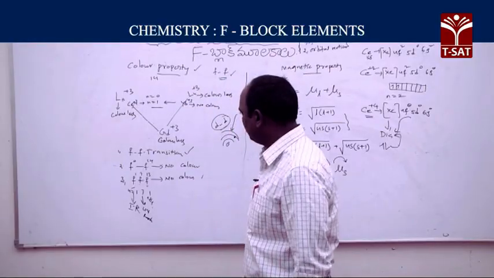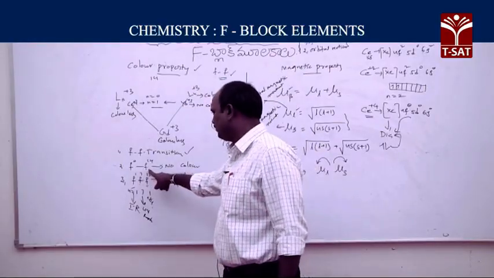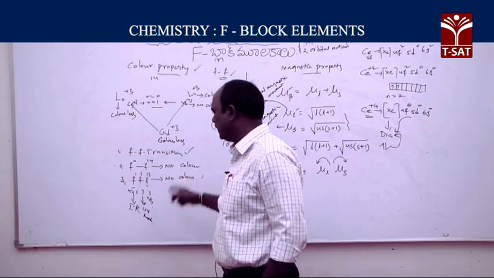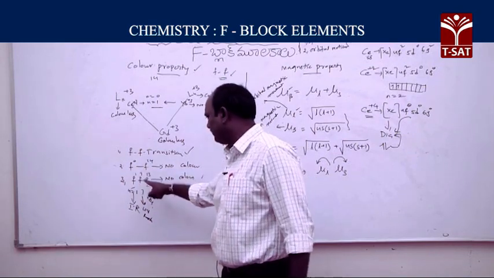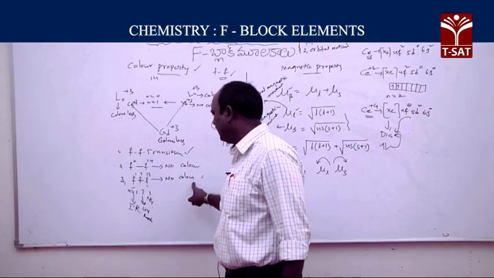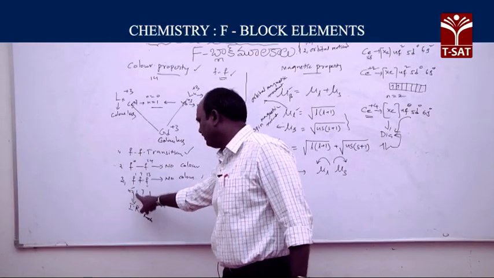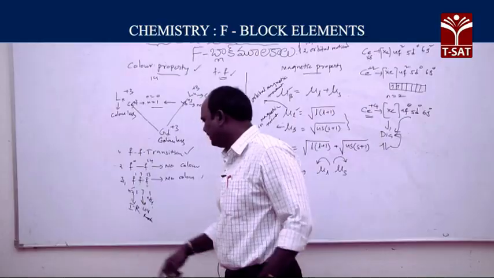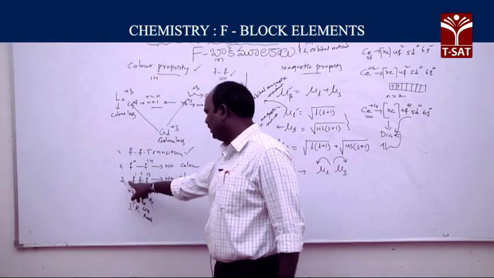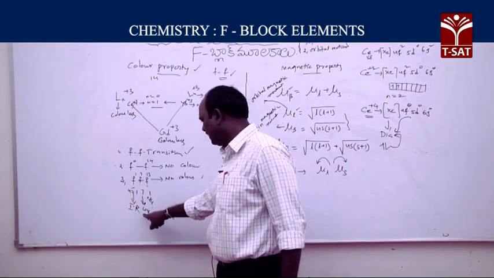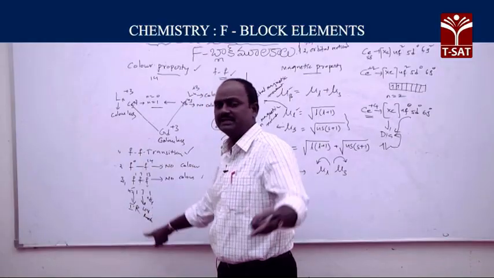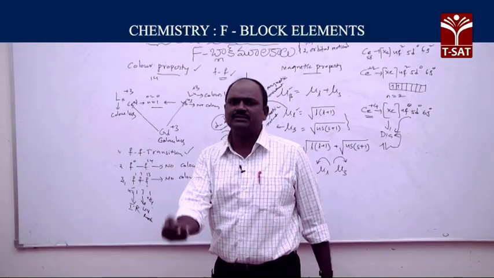So please remember: f0, f14, no unpaired electrons, no color, no doubts. f1, f13, no color, because when the number of unpaired electrons is 1, due to the absorption of IR radiation, no color. f7, due to the absorption of ultraviolet radiation, its energy is more because its wavelength is very less.